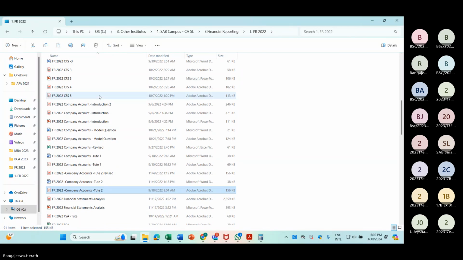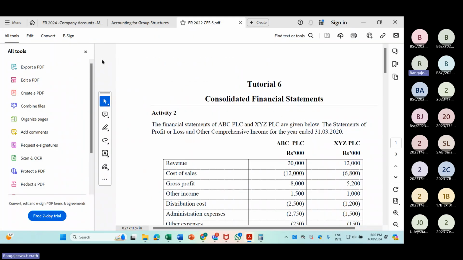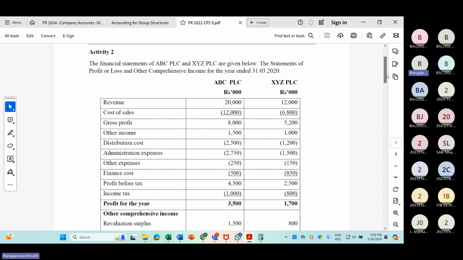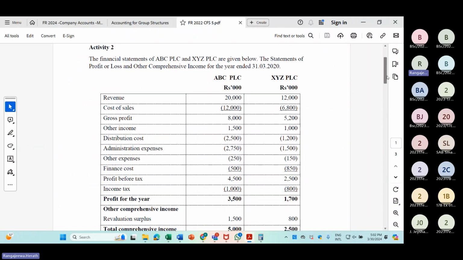Consolidated financial statement. Right. Here we had this consolidated financial statement, complete statement of profit or loss.